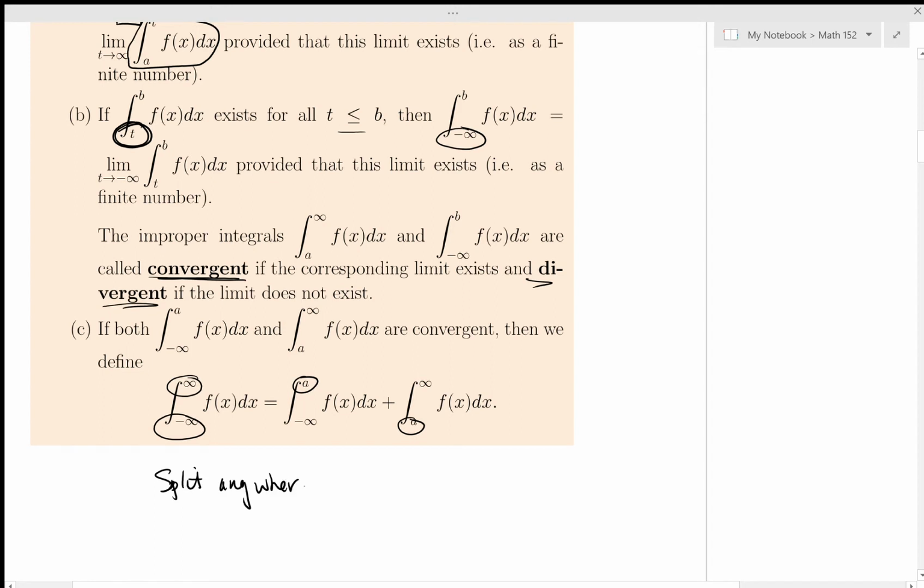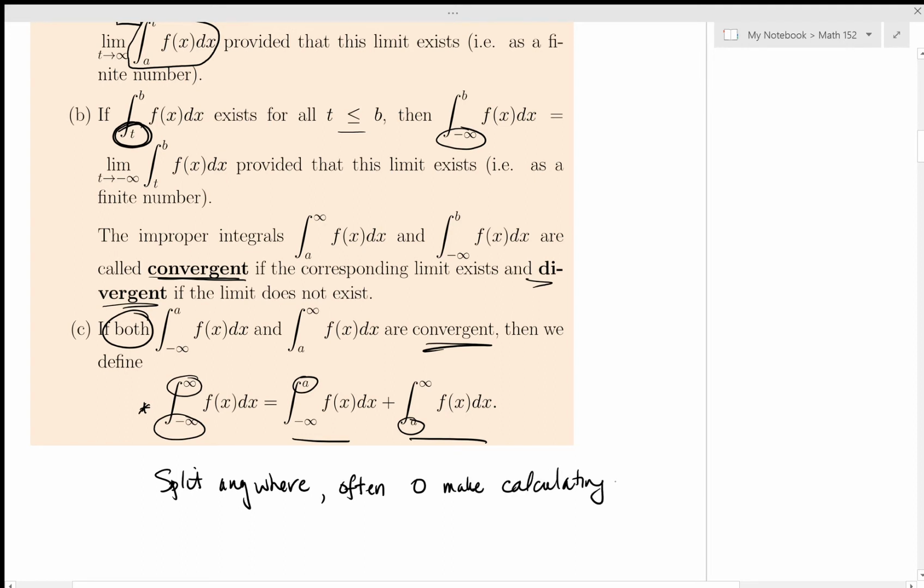Then evaluate each one of the two as above, and you need both of them to be convergent. Then the integral with two infinite endpoints exists and is equal to the sum of the two pieces. Split anywhere; often 0 makes calculating easier.